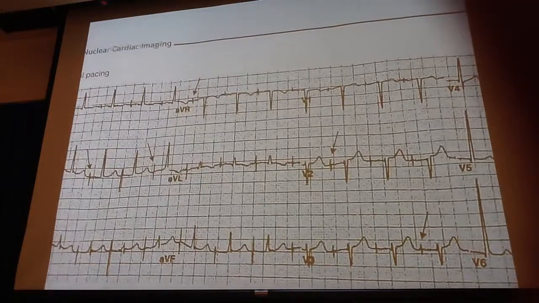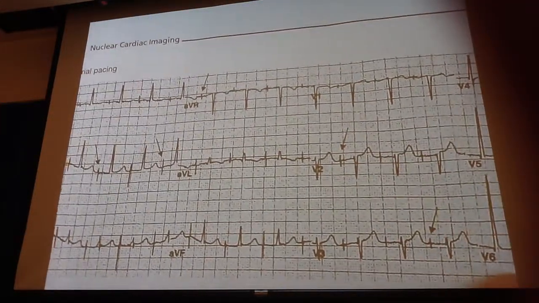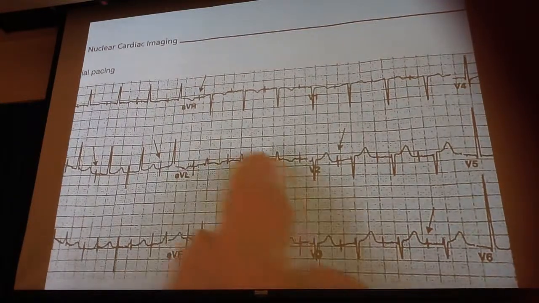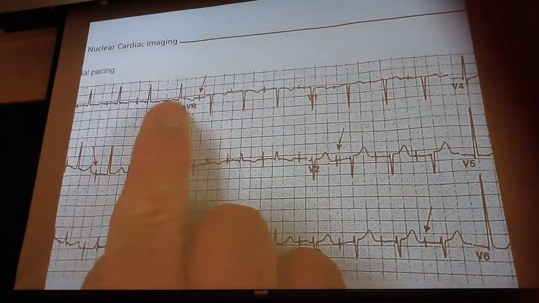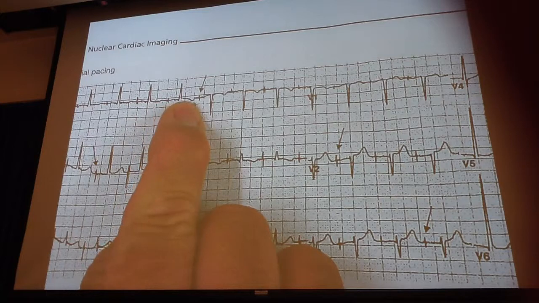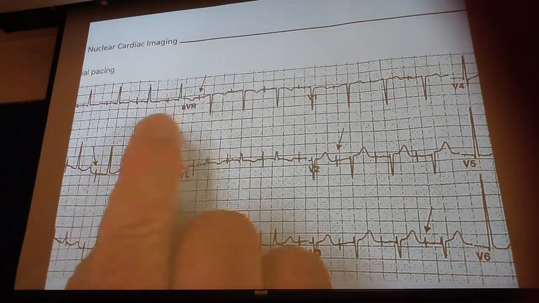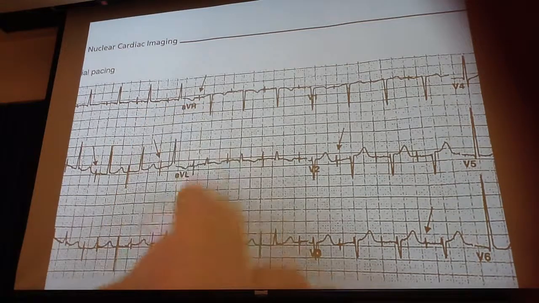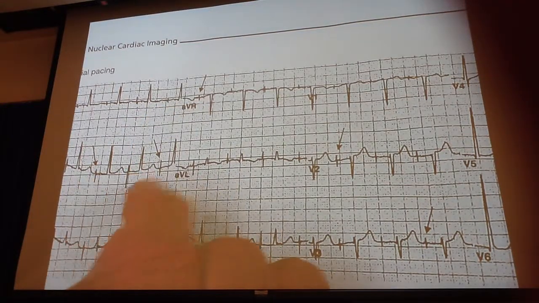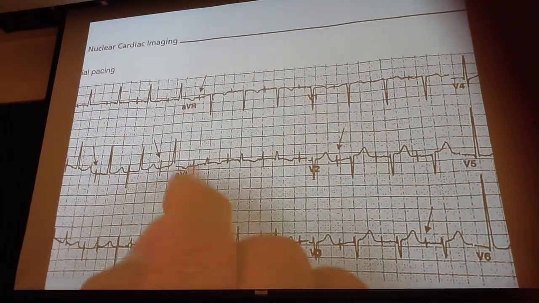Some other things that you need to be aware of. Okay, this is called atrial pacing, and what that means is you'll see a little blip before you see the PQRS. Okay, so you see that little blip that's occurring here? Those are the pacemaker firing.